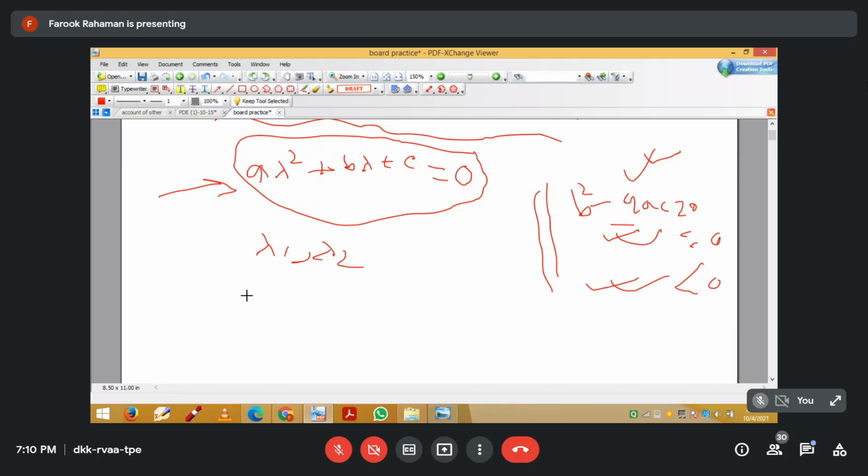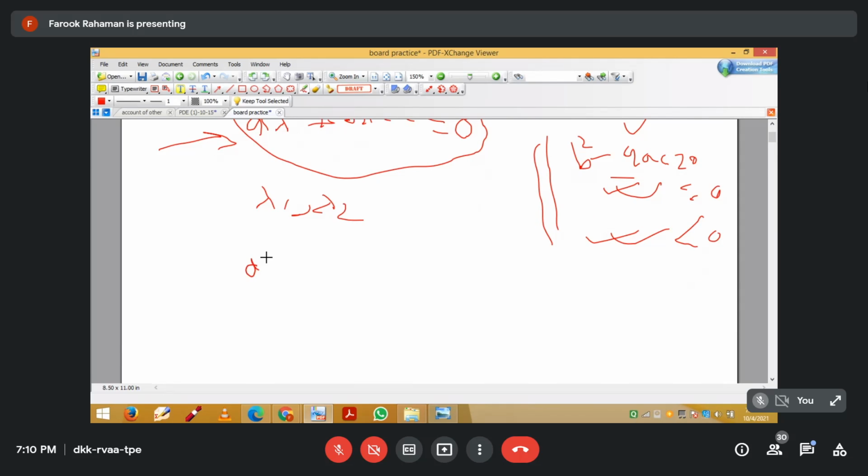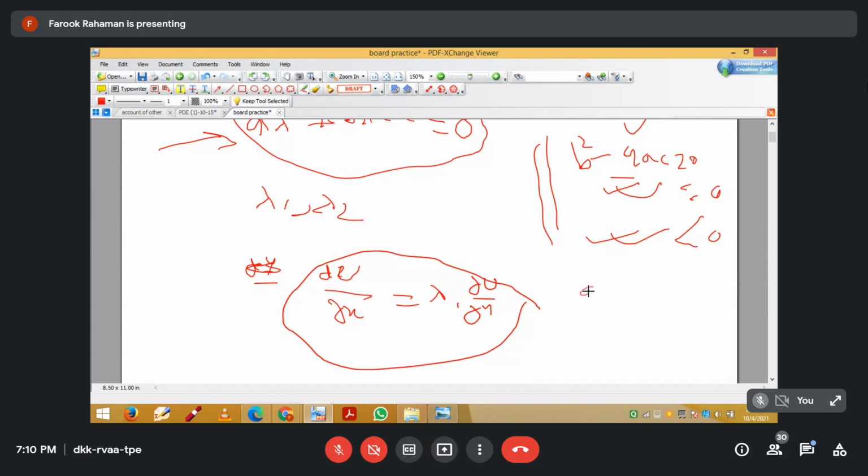Now from this, one can use equations like del u del x equal to lambda 1 del u del y, and the second, del v del x equal to lambda 2 del v del y.